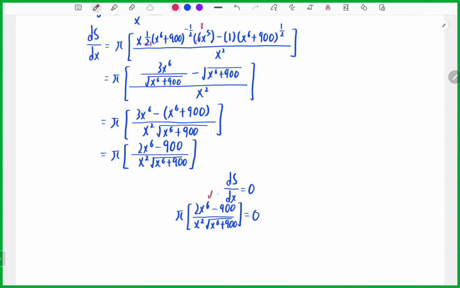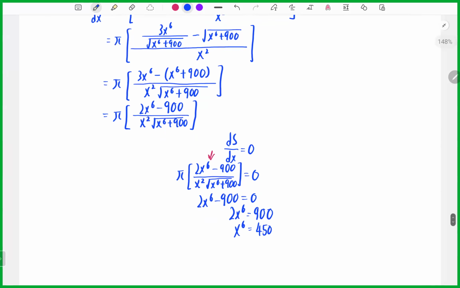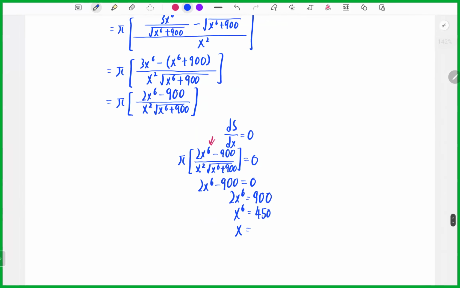So now you can fix 2x power 6 minus 900 equals to 0. So 2x power 6 equals to 900, so x power 6 will equal 900 divided by 2. So you will get 450. So 450 is right, so you can take x equals to 2.77 cm.